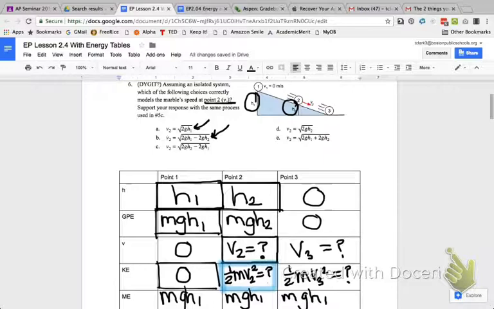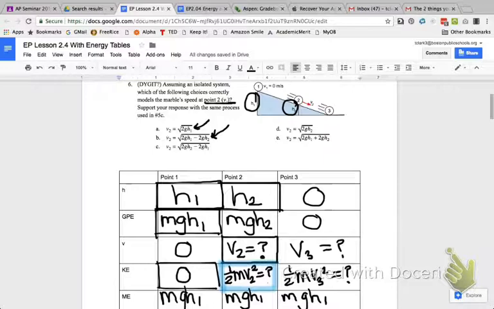You should also remember from the step-by-step instructions today that when there's a blank energy like what I highlighted in blue, we can calculate that by subtracting our GPE from our mechanical energy.